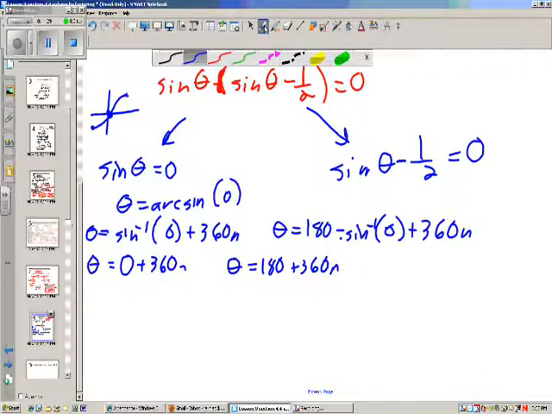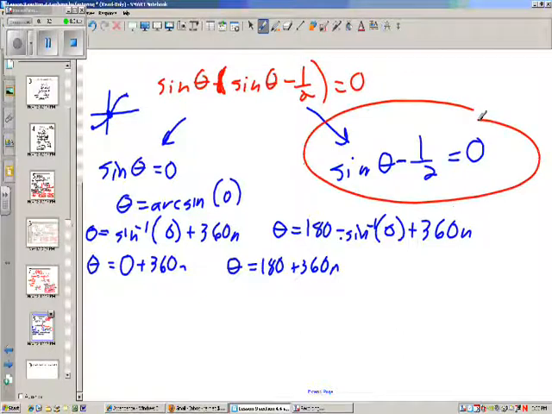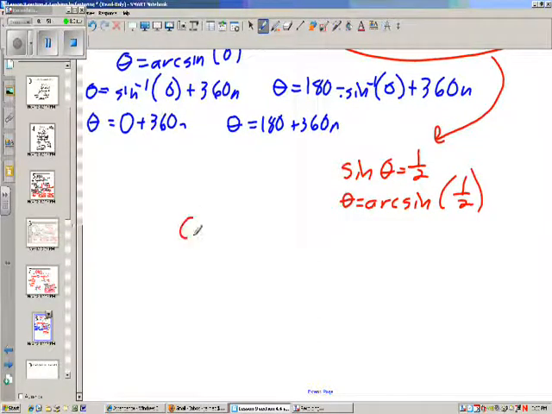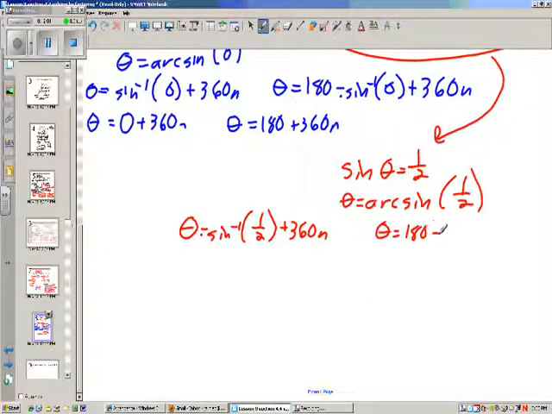All right, so let's change the color up and work on this one below. So if I add 1/2 to both sides, I have the sine of theta equals 1/2. Take the arc sine of both sides, so theta equals the arc sine of 1/2, which gives us theta is the inverse sine of 1/2 plus 360n, and theta equals 180 minus the inverse sine of 1/2 plus 360n.